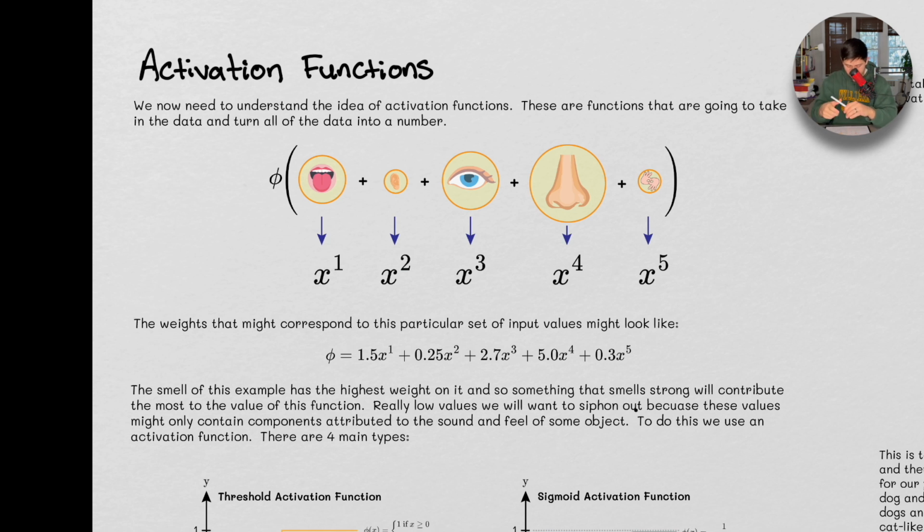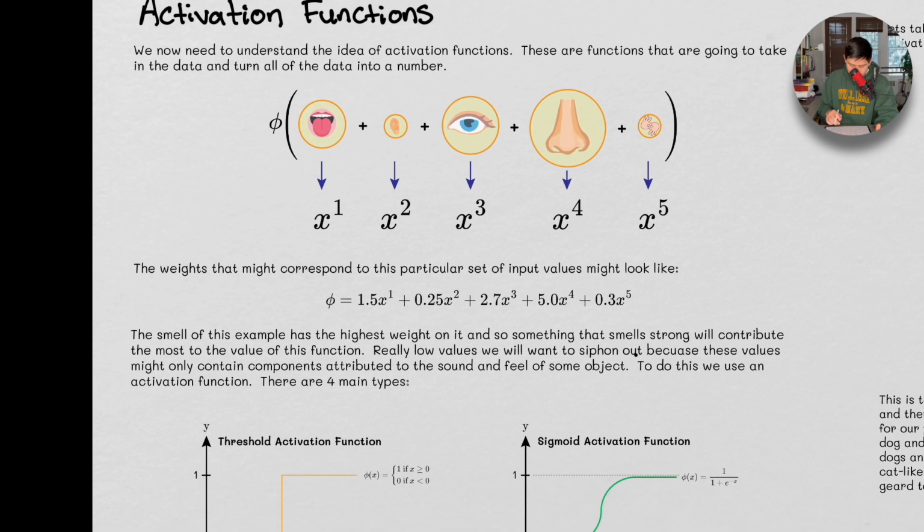So we have this function here that takes all the inputs, right? We have taste, hearing, eyesight, smell, and touch. This is our 5-dimensional space, if you will. Each one of these has its own axis, each axis is orthogonal to each other, and our weights might correspond to a particular set of input values that might look like this, right?